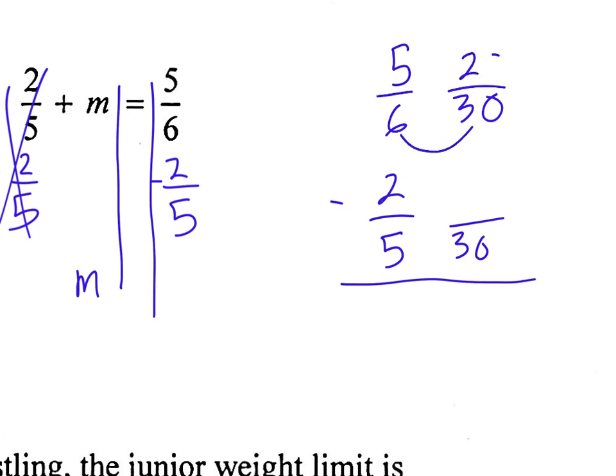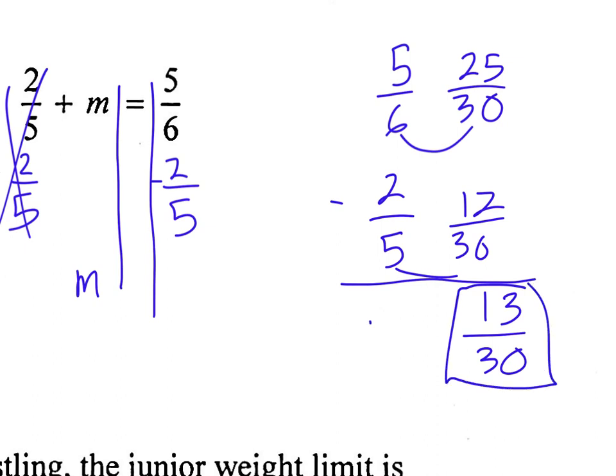We get 25. How did 5 turn into 30 on the bottom? Well, we times it by 6. What we do on the bottom, we got to do on the top. 6 times 2 is 12. Now I can subtract. 25 minus 12 is 13, and then the denominator is the same. So we just bring it down. 13/30ths. And that would be M equals 13/30ths.